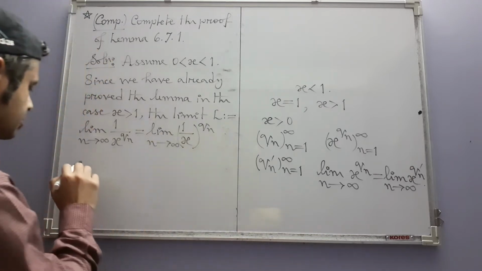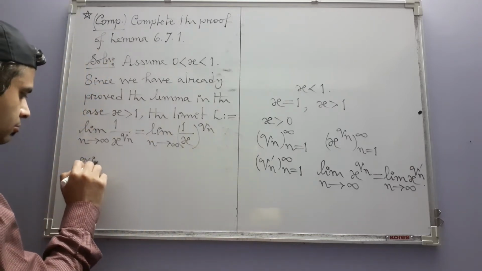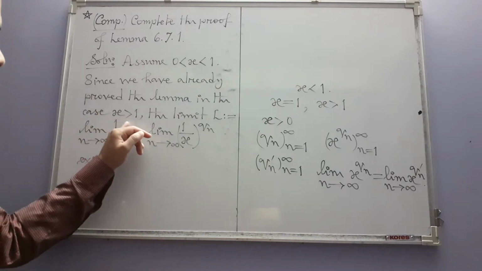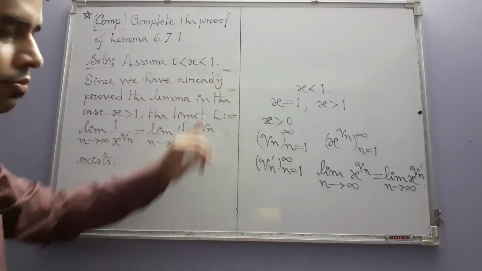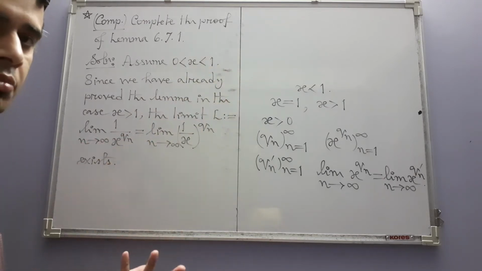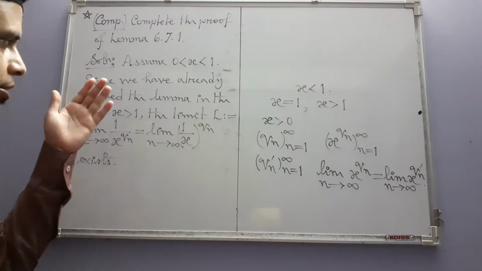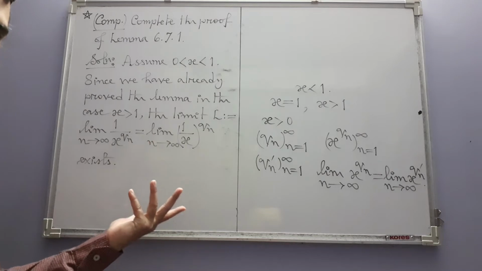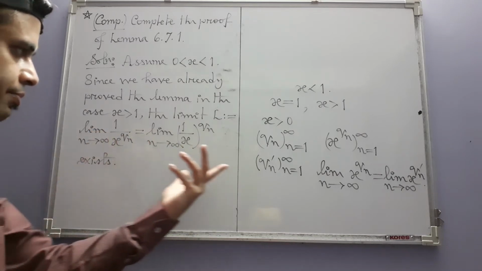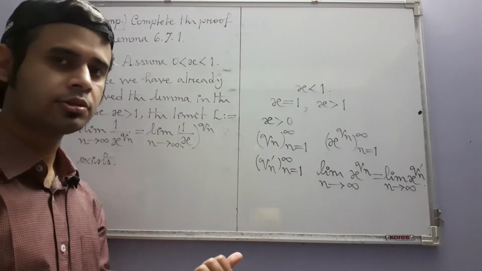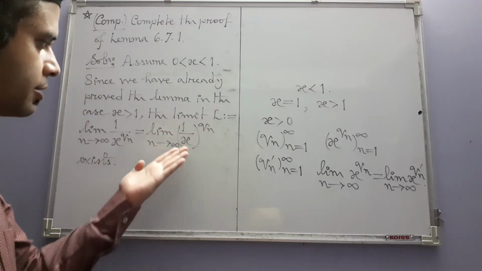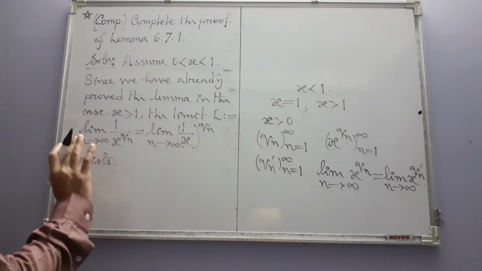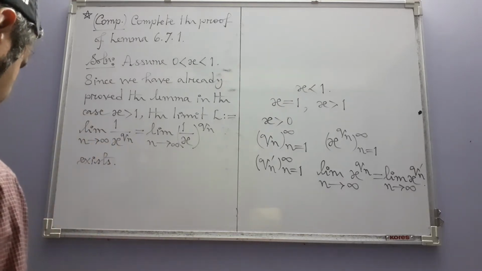This limit exists. Why? Because x is less than 1, so 1 over x is a real number greater than 1. So by what we have already proved in the text, this limit exists. That is, we have written here the conclusion where in place of x we have 1 over x, which is greater than 1. So we have been able to conclude that this limit exists.